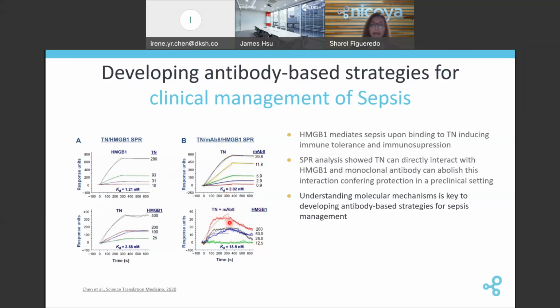This suggested that MAB8 had the ability to disrupt the interaction, and they also tested this in a preclinical setting, and they found that the antibody conferred protection. They concluded that understanding molecular mechanisms was key to developing antibody-based strategies for sepsis.